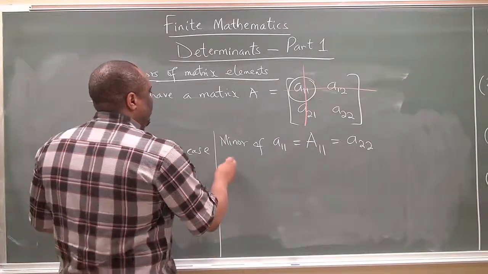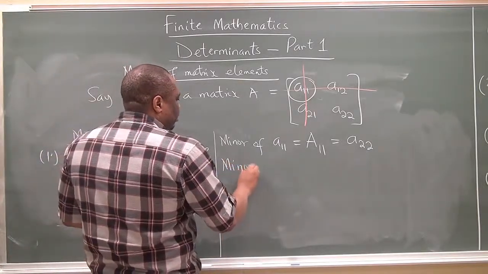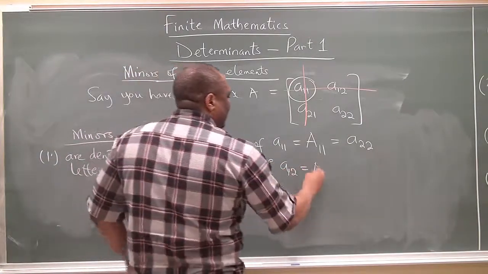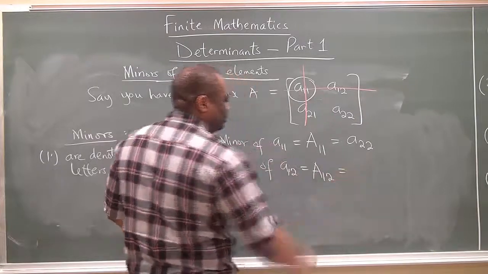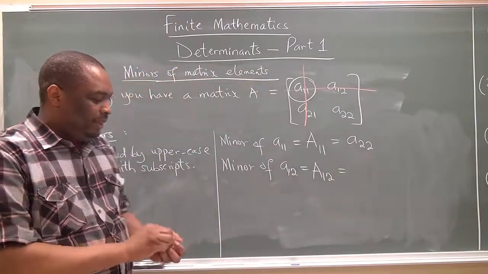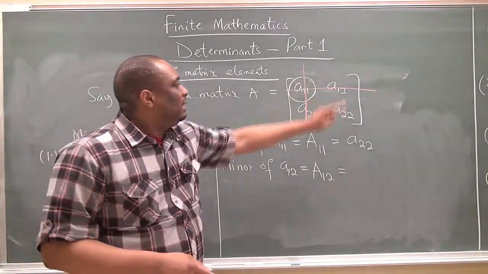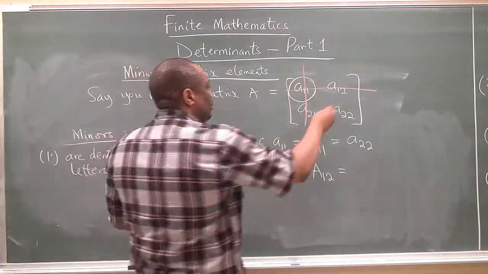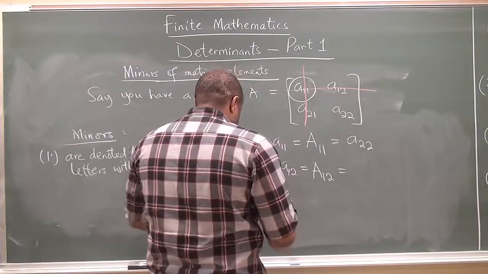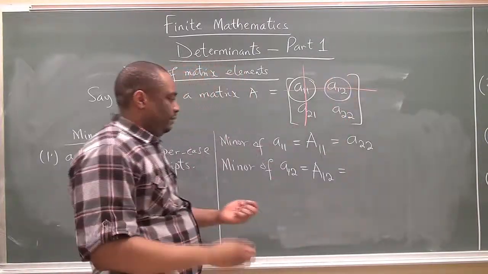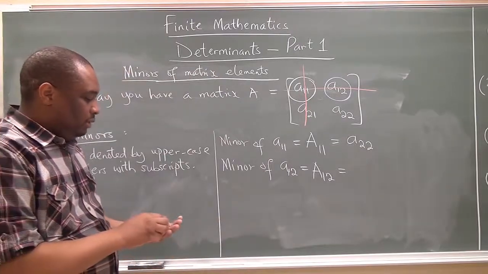Now, the minor of A12 is uppercase A, then 12. That means we will delete the element A12. Let me use this for the second column.